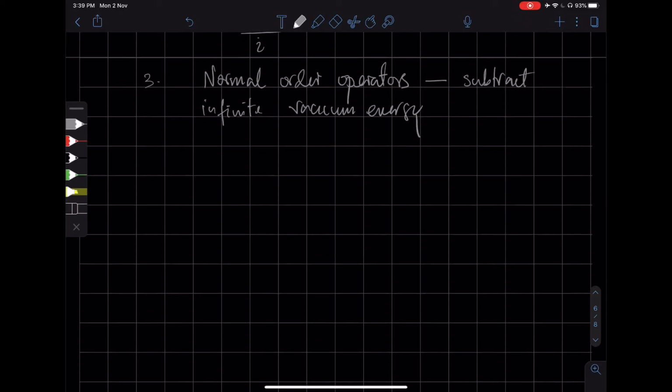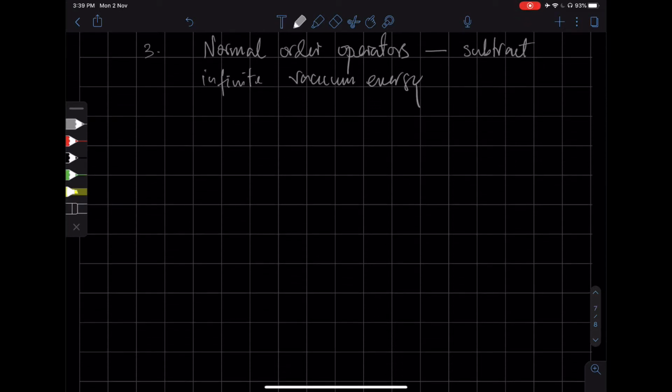So let's see how these things work in practice. In a previous lecture, we found that the quantized Hamiltonian, let's write it as H quantized, is given by the classical Hamiltonian, but we normal order it. So here's a normal ordered symbol. Let me remind you what normal ordering means.